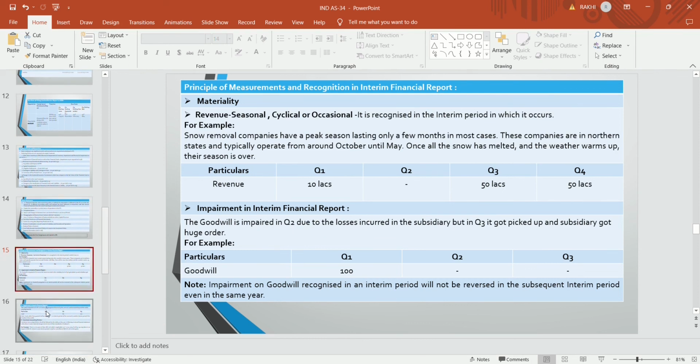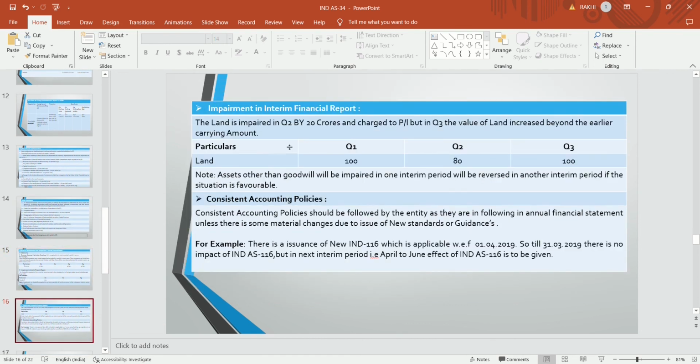Like we have taken the example of land. If the land is impaired in quarter 2 by 20 crores and charged to P&L, but in quarter 3 the value of the land increases beyond the earlier carrying amount. Like in quarter 1 the value of the land is 100 crores, in quarter 2 it is impaired and becomes 80 crores because 20 crores is impaired and charged to P&L.